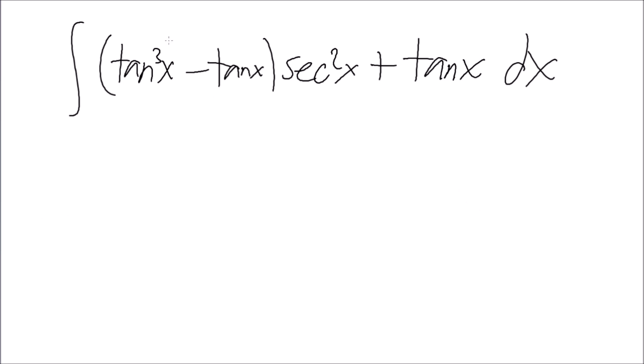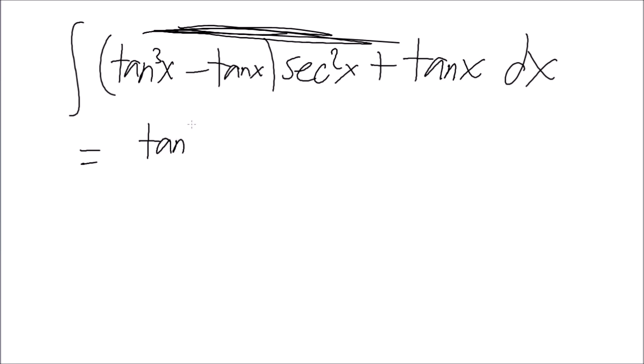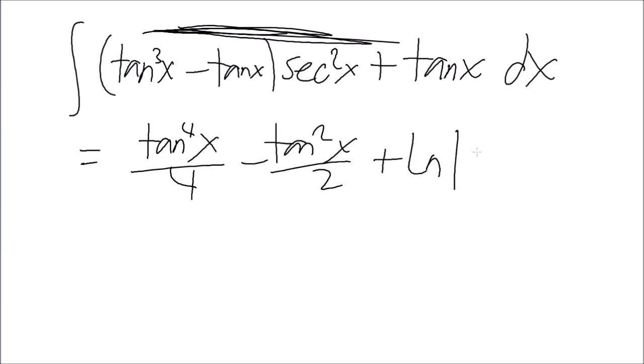And then you can go ahead and u sub this whole term here. And then you'll end up getting tangent 4x over 4 minus tangent square over 2, and then plus ln of secant x, which is exactly what we got before. Okay?